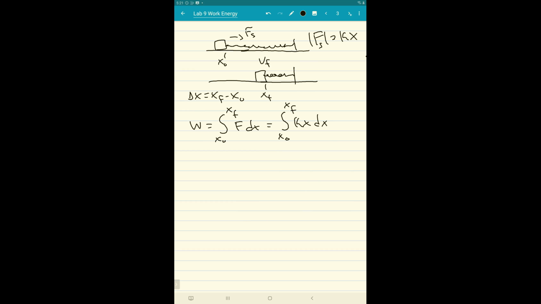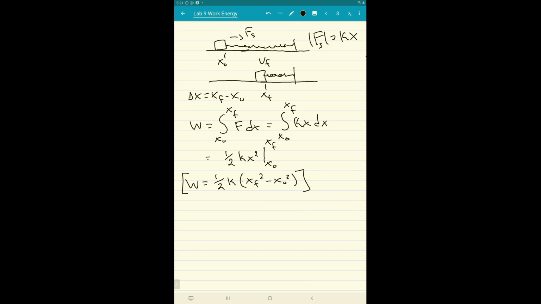Now if I just go ahead and do this, generally speaking, my integral of kx is going to be 1/2 kx squared, right? Using my reverse power rule there. It's going to be evaluated from x naught to x final. So really this is just 1/2 k times x final squared minus x initial squared.